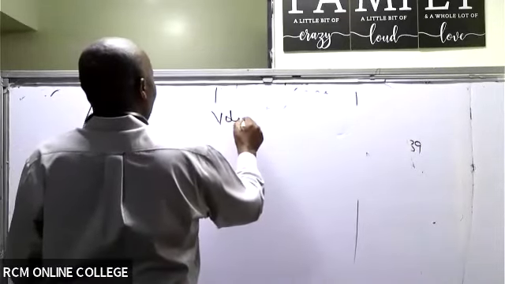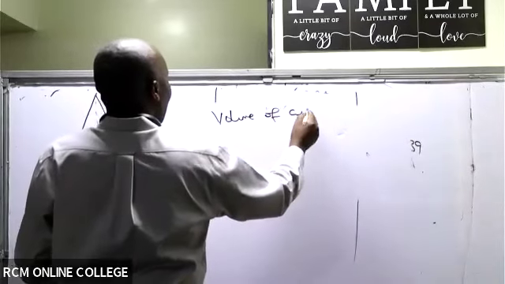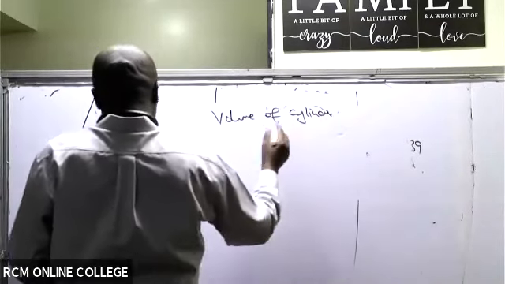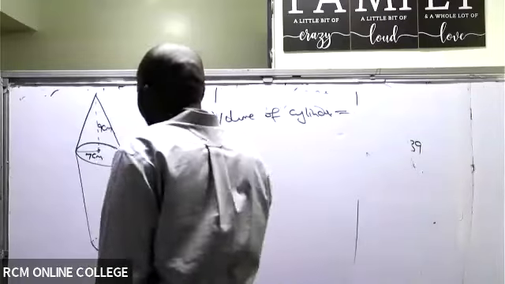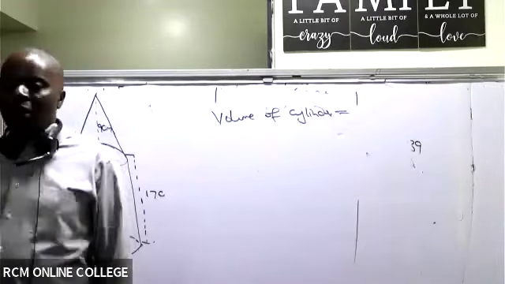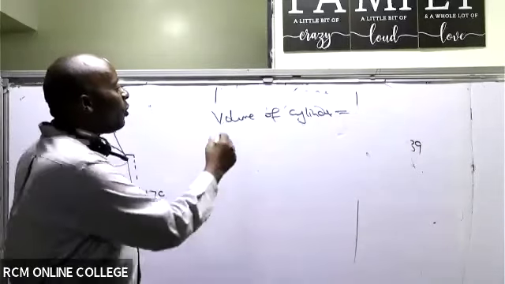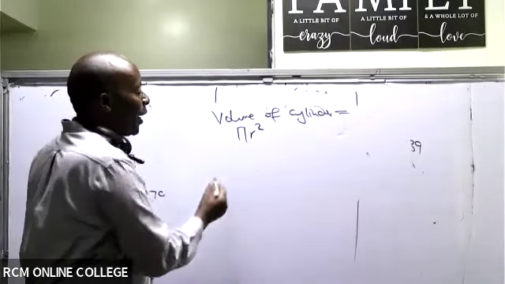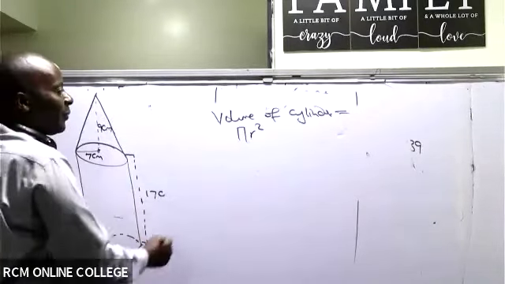So the volume of the cylinder, of course, you guys know. There is a circle down here, so the volume of the cylinder will be pi r squared times the height.